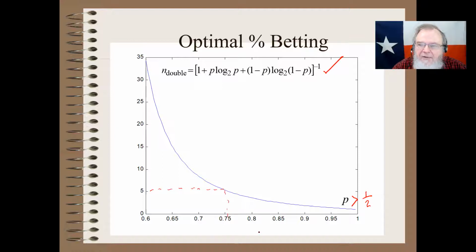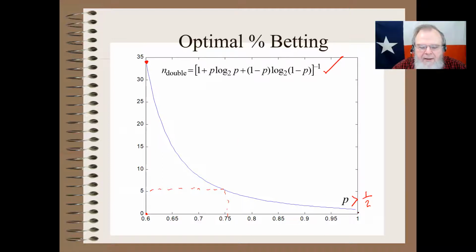It looks like on average, if your chance of winning is 75%, you're going to double your money every 5 turns. And you can see the closer we get to 0.5, for 0.6, this looks like 34 times. It's going to take us longer the smaller our probability is. The closer we get to a half, the more games we're going to have to play.